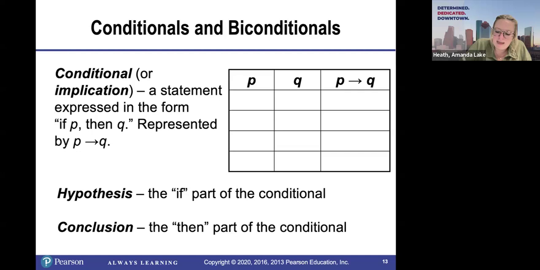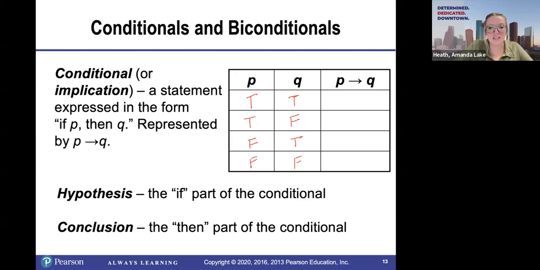So again, we have cases where P and Q are both true. P is true, but Q is false. P is false, Q true, and then both false. If P is true, then Q is true. So let's go back to that example we were thinking about, if the parking garage is full, then it's raining.